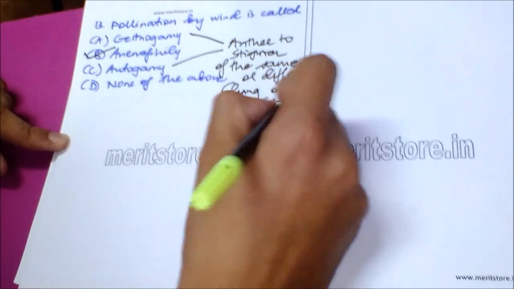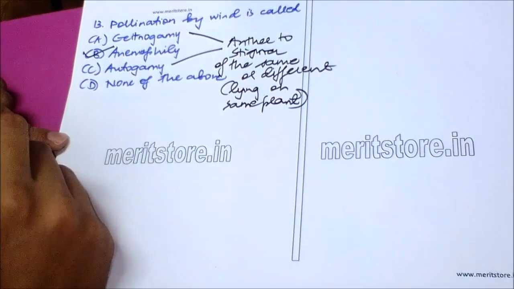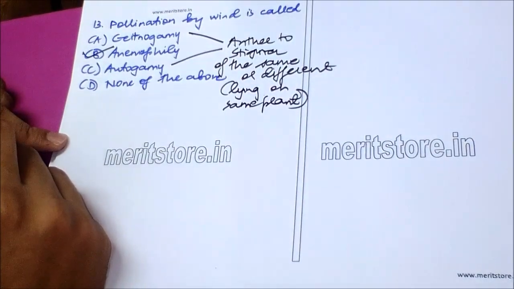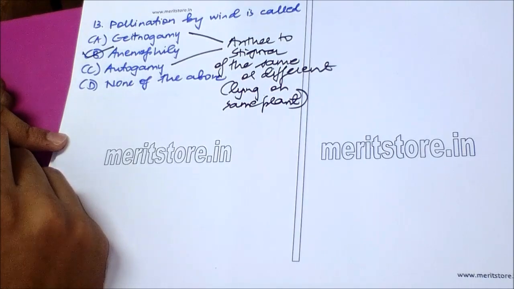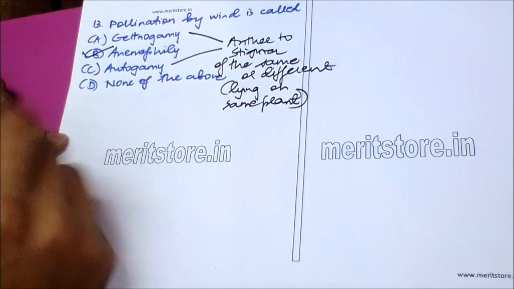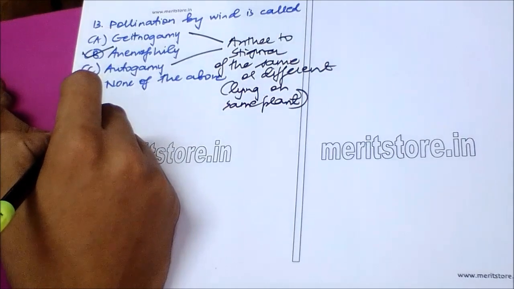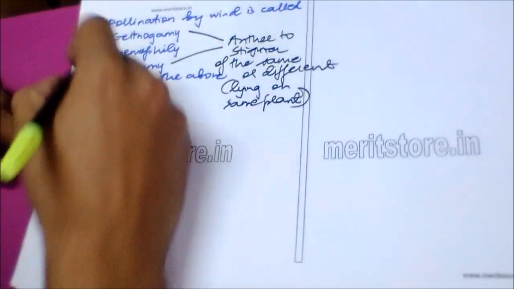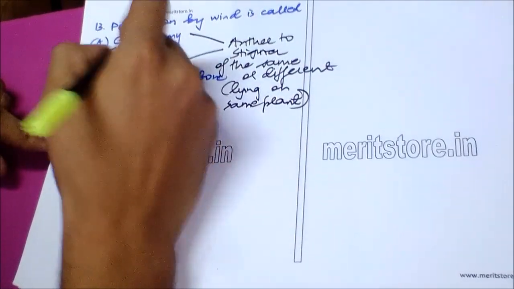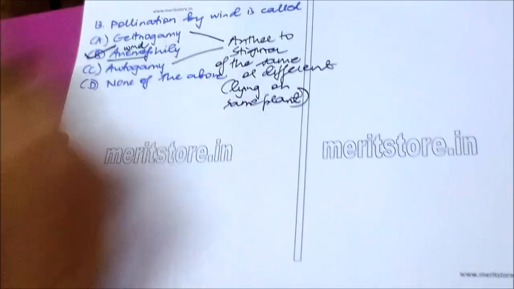In case of autogamy, transfer takes place on the same flower, while in case of geitonogamy, transfer of pollen grain from anther to stigma takes place on different flowers lying on the same plant. So the answer to this question is anemophily, which is pollination by the agency of wind.